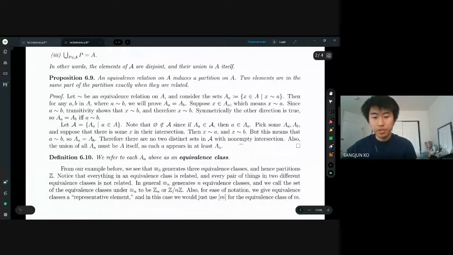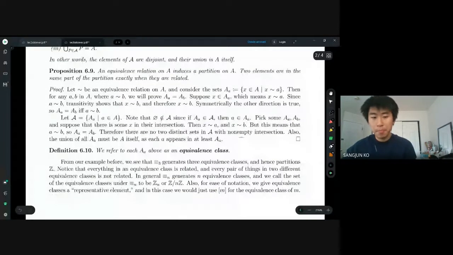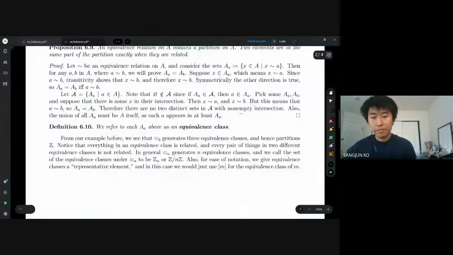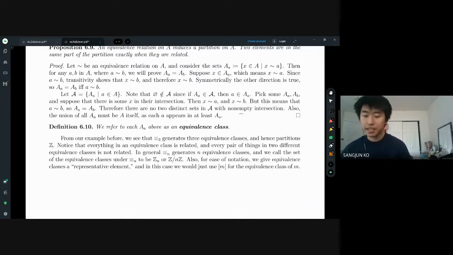In general, everything in an equivalence class is related, and every pair of things in two different equivalence classes is not related. In general, congruence modulo n generates n different equivalence classes, and we call the set of these equivalence classes under this relation Z sub n, or Z mod nZ.